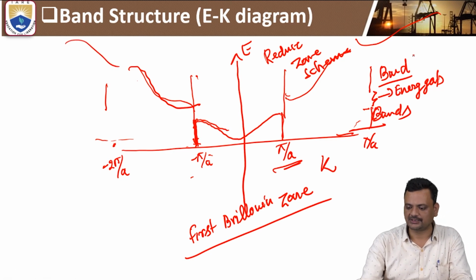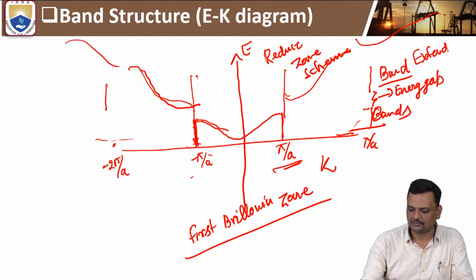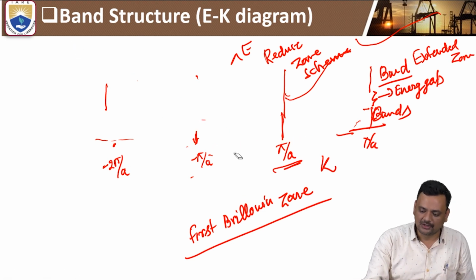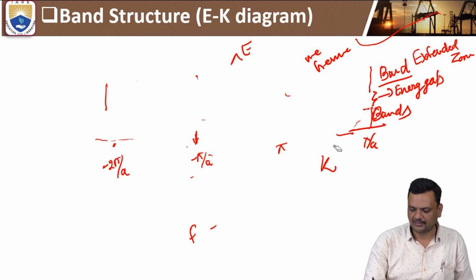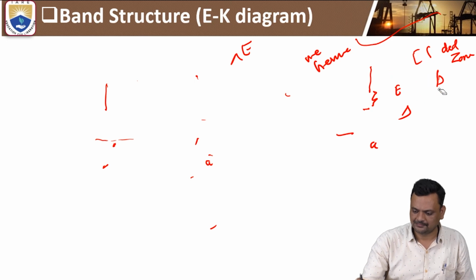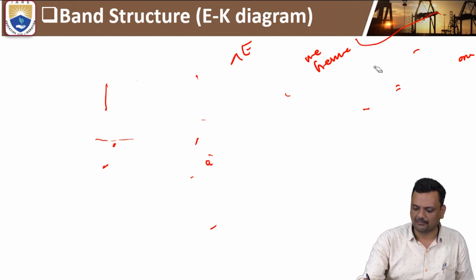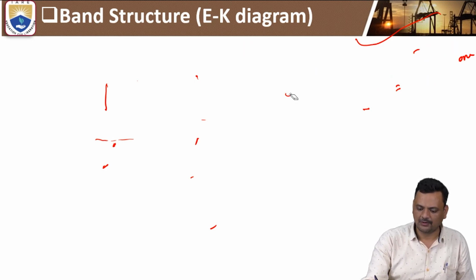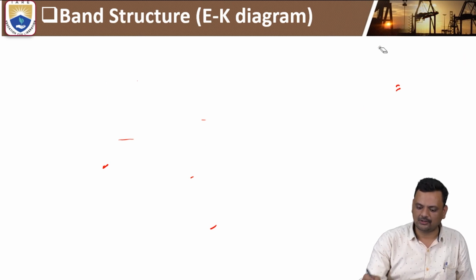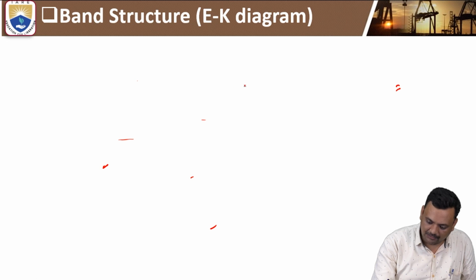So this is your extended zone plot. Which one is important? The reduced zone scheme. Why? Because in the first Brillouin zone, whatever the property throughout the crystal, you will get the same property.